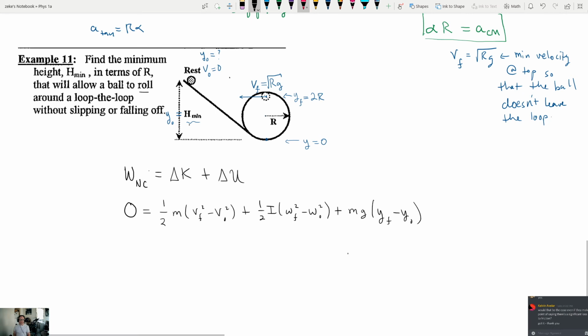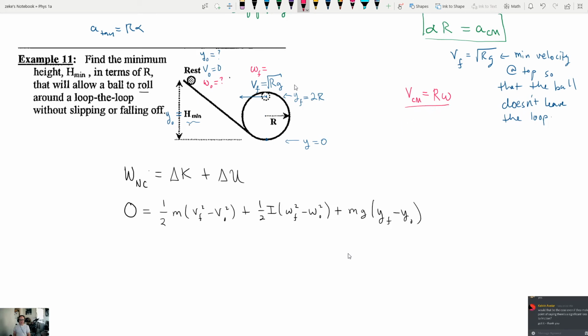So the pieces that I didn't have written up here are, there is going to be an omega initial here, which is the initial angular speed of the ball. Since it starts from rest, its initial angular speed is going to be 0. And there is also going to be a final angular speed up here. Now, the trick here is to use the equation that is written above there, which is that the velocity of the center of mass of the object is related to the angular speed of the object through this equation here.